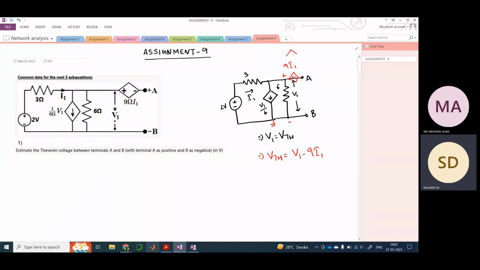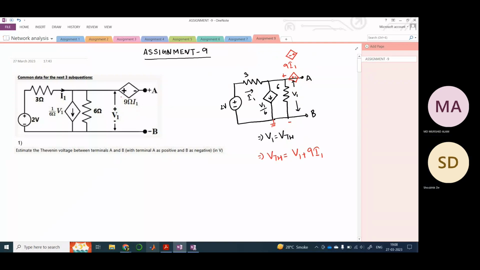Instead, if the dependent voltage source had been minus here and plus there, then it would have been plus, because if you just calculate the voltage across this terminal, the 9I1 would be adding up, provided the minus is on the left hand side and the plus on the other.